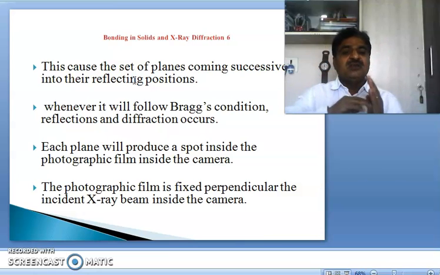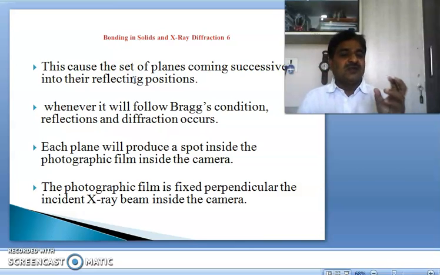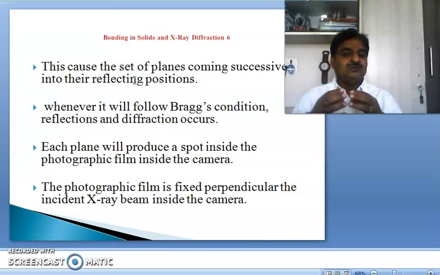And whenever Bragg's condition is followed, reflection and diffraction occurs. Each plane will produce a spot on the photographic film inside the camera.